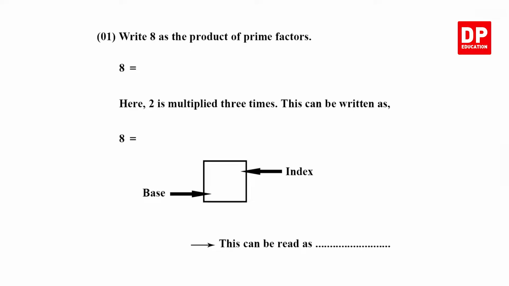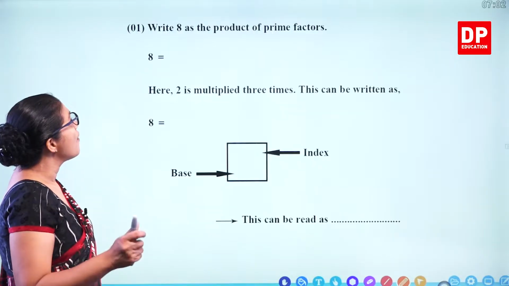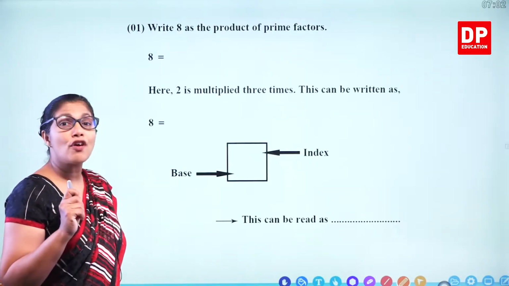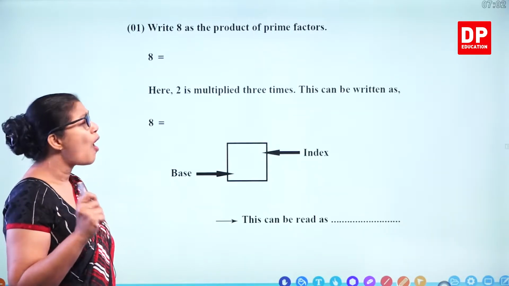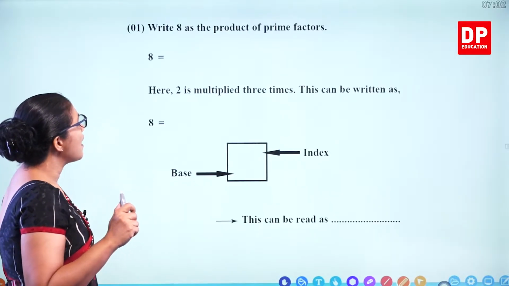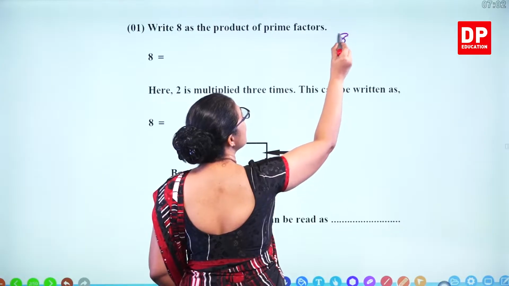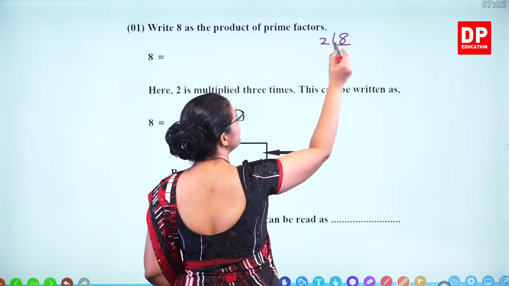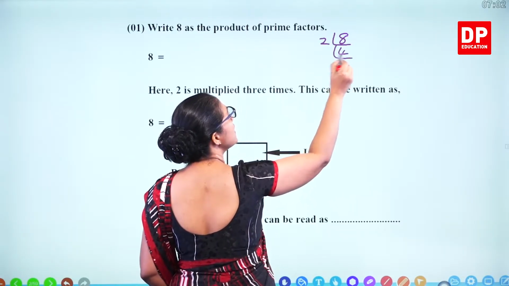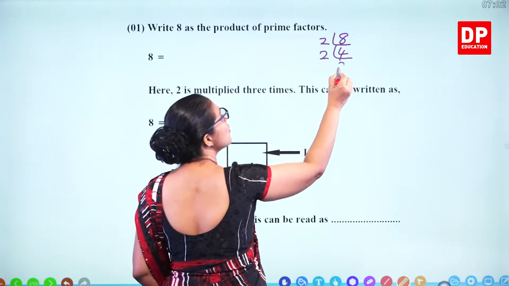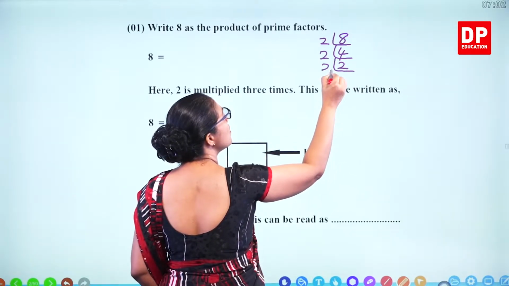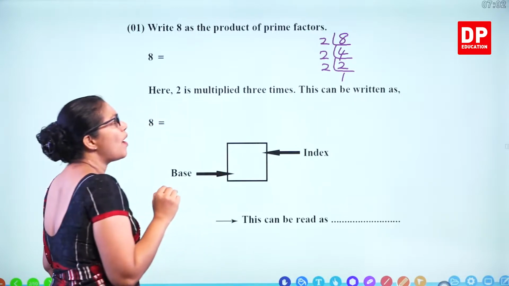Look at this number 8. Write 8 as a product of prime factors. How do you find the prime factors? You can divide. Take 8, divide by 2, you get 4. Divide this by 2 again, you get 2. Divide this by 2 again, you get 1.